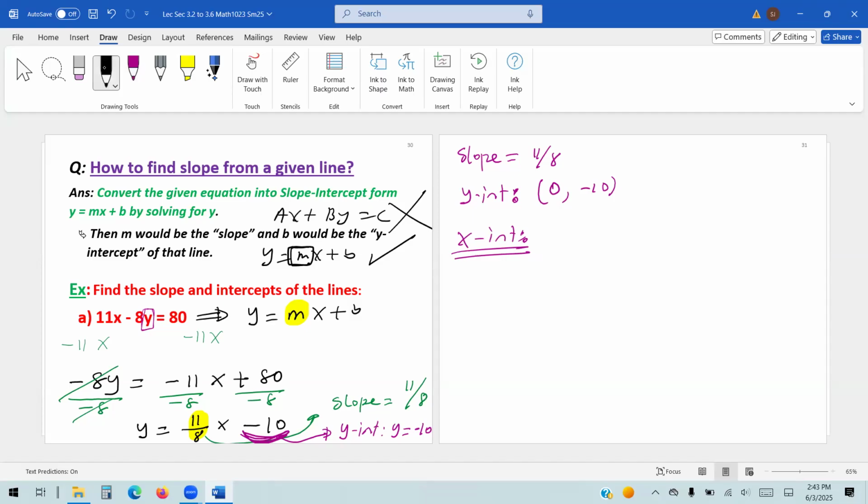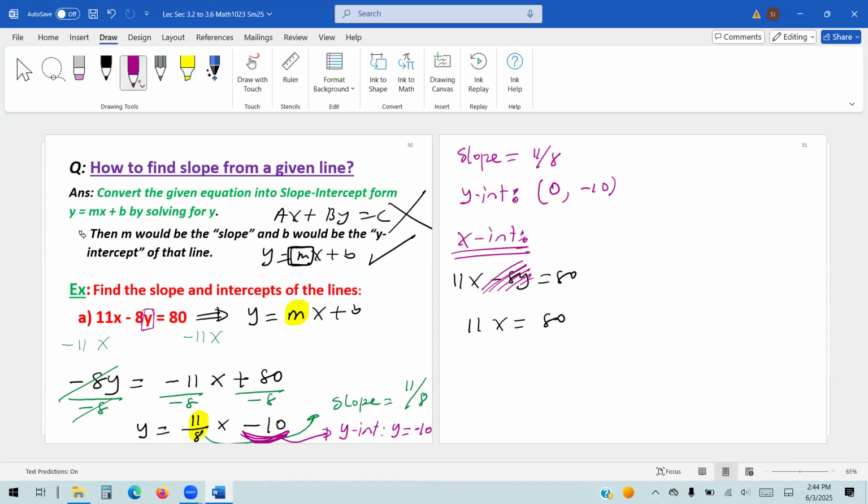So we have 11x minus 8y equals 80. No more y because we are setting y to be 0. When y is 0, the entire y term gets erased. So we have 11x equals 80.